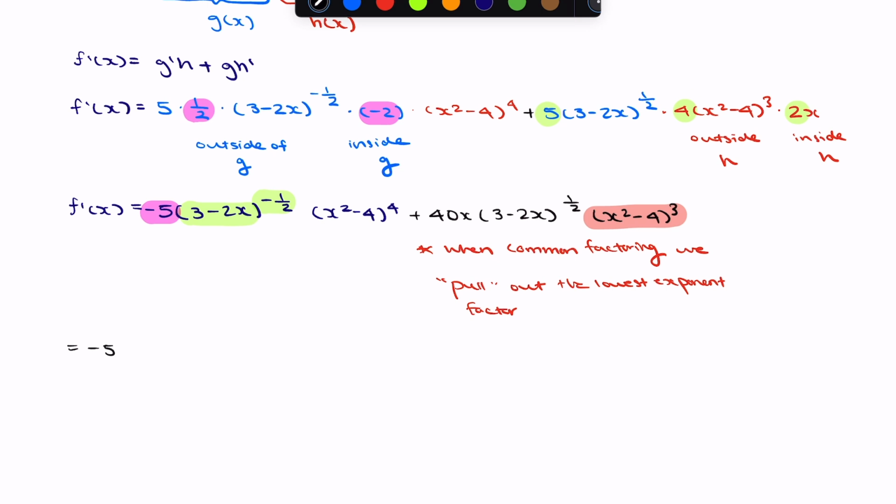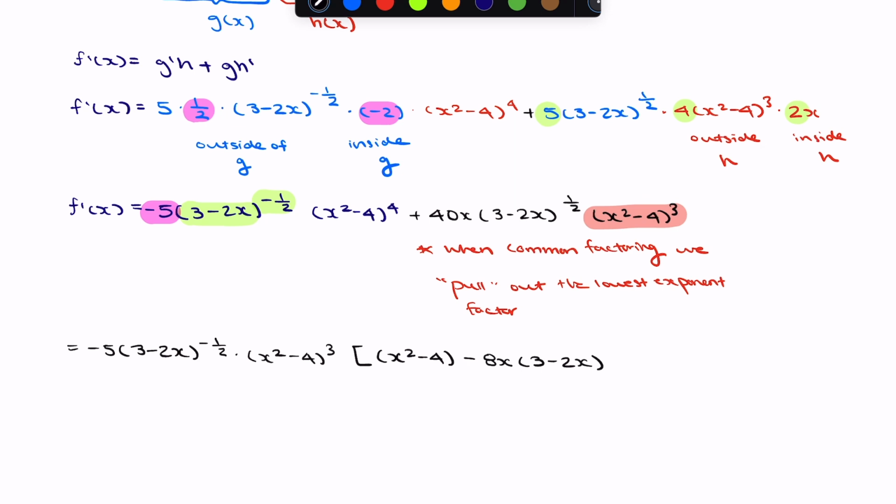negative 5 (3 minus 2x) to the power of negative 1 over 2 times (x squared minus 4) to the power of 3. What we have left over is (x squared minus 4). Now from the power of 4, we took out the power of 3, so we just have 1 left here, minus 40x divided by negative 5, just negative 8x, and we have (3 minus 2x).